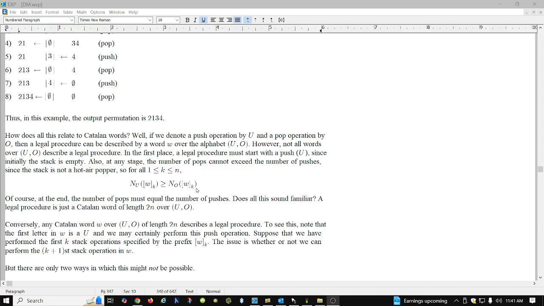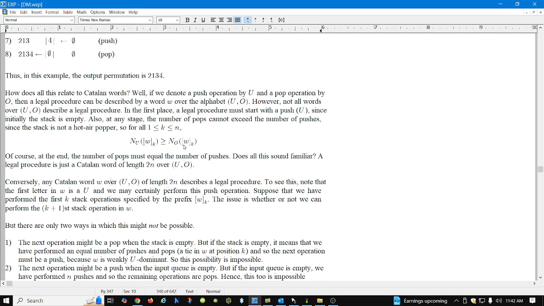A legal procedure is just a Catalan word of length 2n over this alphabet UO. Conversely, any Catalan word W over this alphabet UO of length 2n will describe a legal procedure.